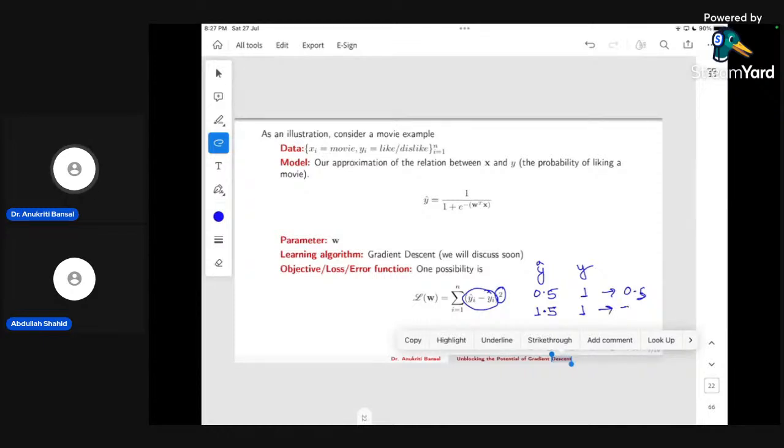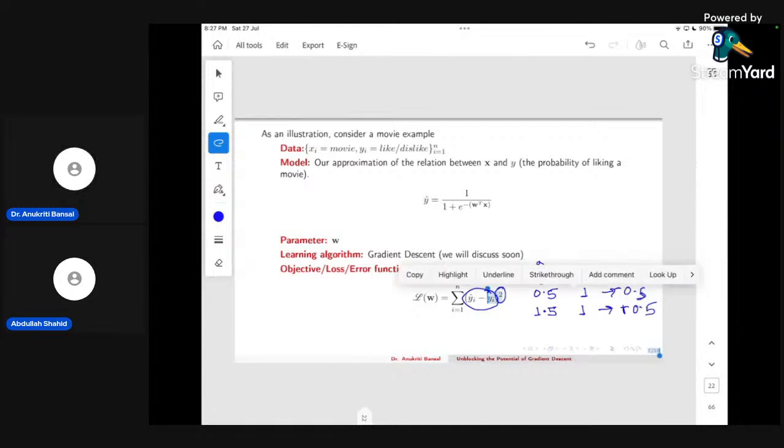The difference will be, this is minus 0.5 and this is plus 0.5. If I add all these errors, okay, they will cancel each other. That's why we always take a square of the error, because the difference is only of 0.5. So they should not cancel each other.